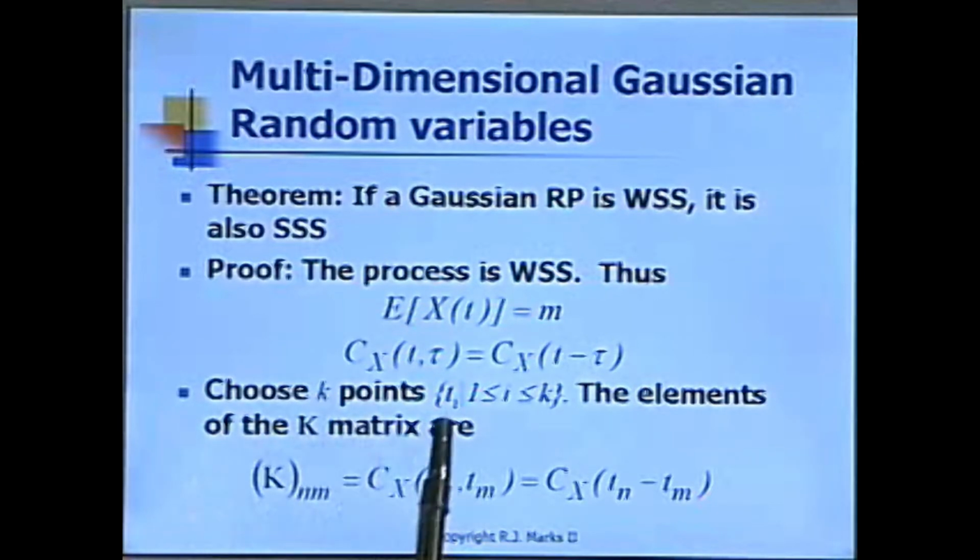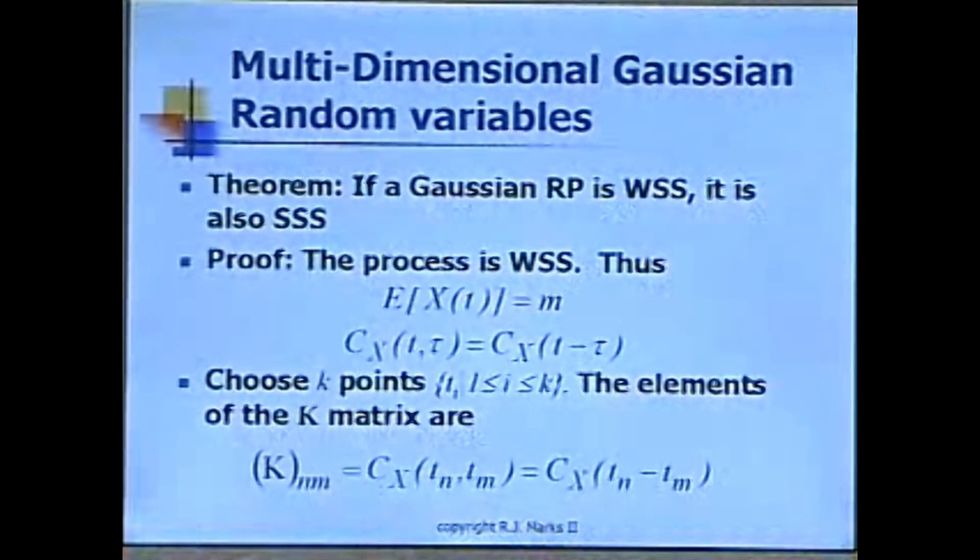We choose k points, and the elements form a k matrix. In other words, we take a stochastic process, which is Gaussian, and if we choose any k values on this Gaussian process, then these k values are going to constitute a k-dimensional random vector. Right? Here's our stochastic process, Gaussian process, and we're going to choose k values here.